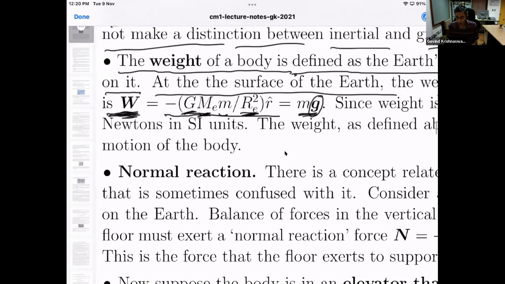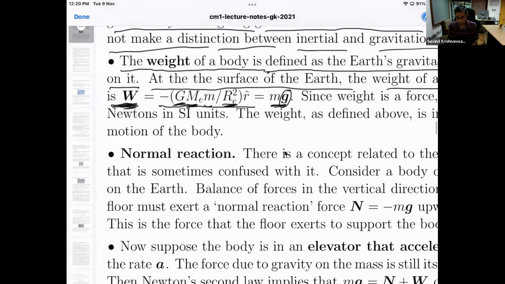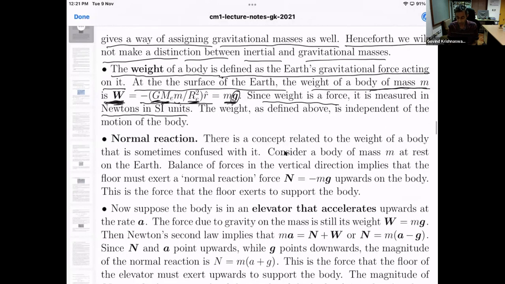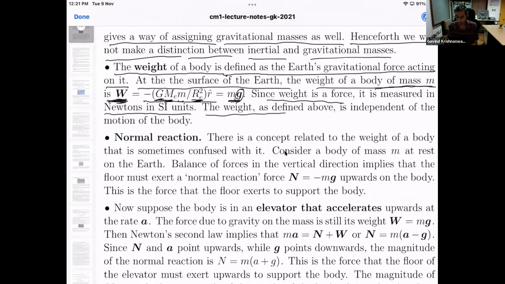So the weight is a force, and in particular, it is measured in newtons in SI units. So that is what we mean by the weight of a body. Notice that the weight of a body defined above is independent of the motion of the body. So this is what we will define as the weight of the body.